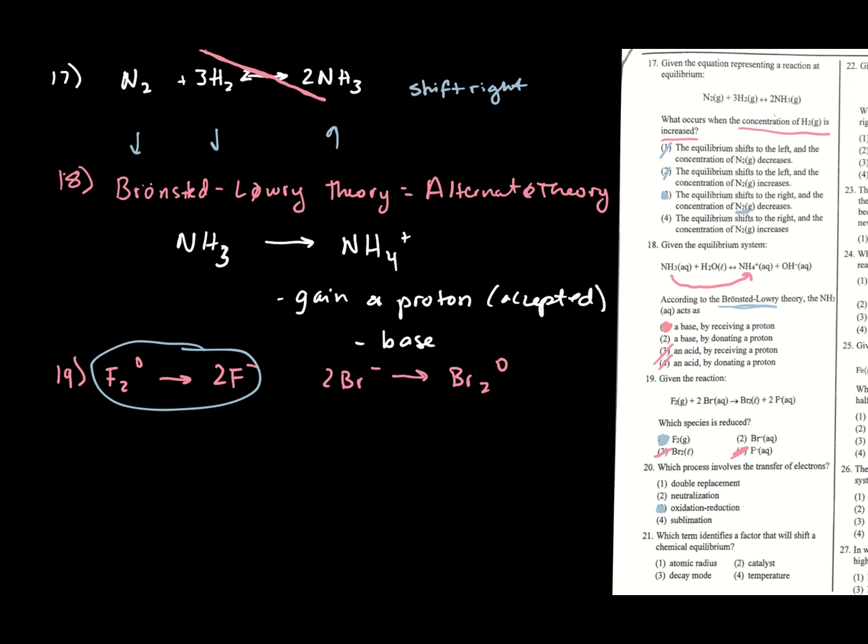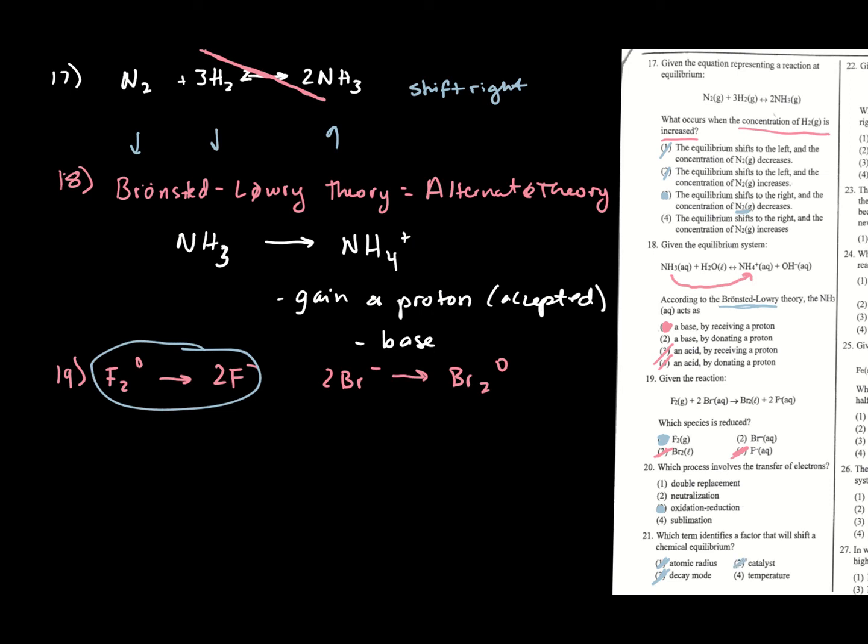Number 21. Which term identifies a factor that will shift a chemical equilibrium? So atomic radius has nothing to do with it, and neither does decay mode. But catalyst and temperature definitely seem to play a role here. Knowing what a catalyst is can help us. Adding a catalyst speeds up the rate of reaction, but it doesn't shift the equilibrium.